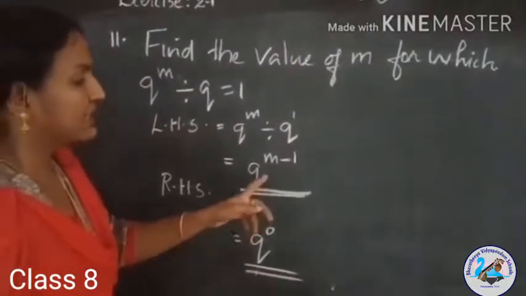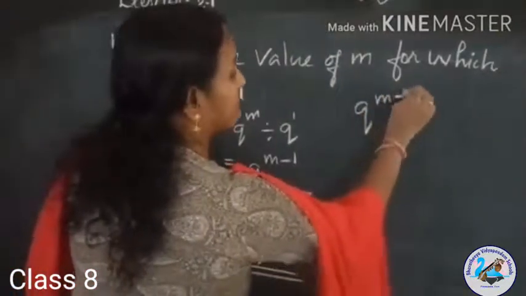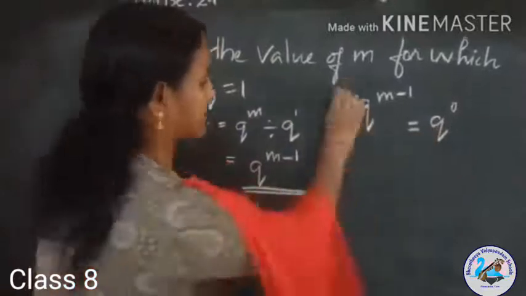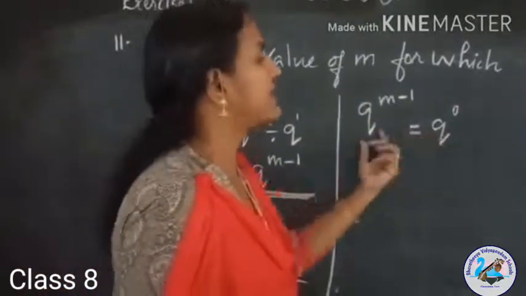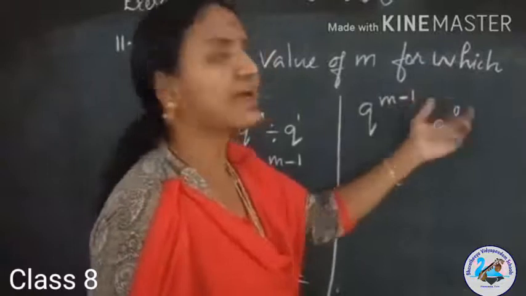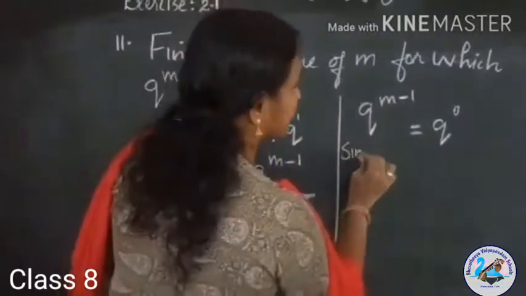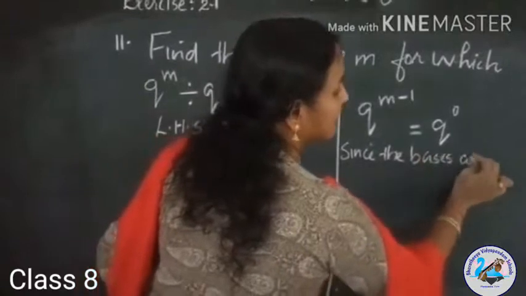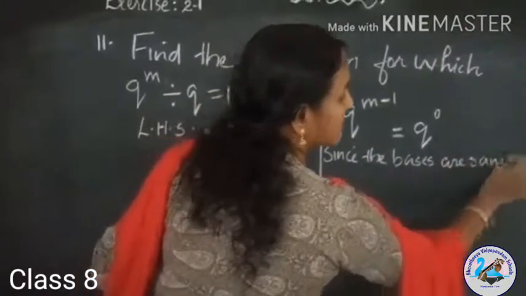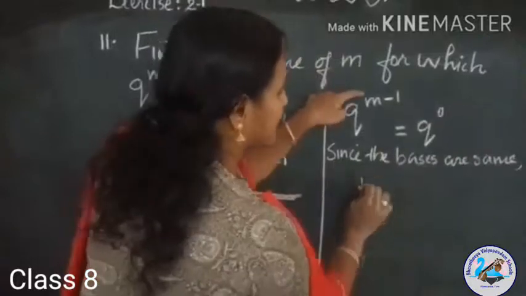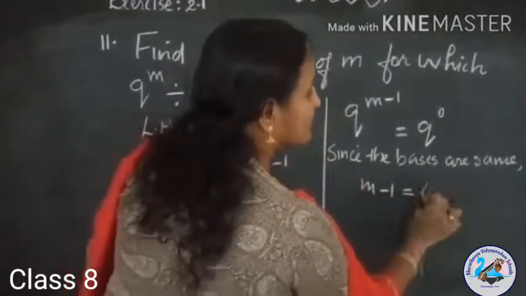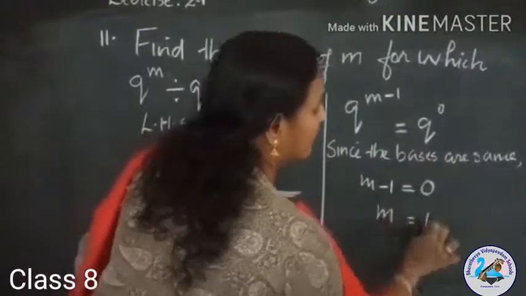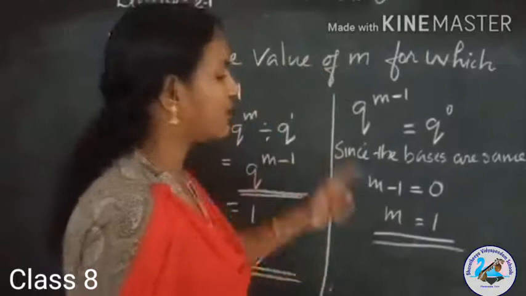Since the bases are the same, we equate the powers: m minus 1 is equal to 0. Minus 1 goes to this side, so m is equal to 1. The value of m is plus 1.